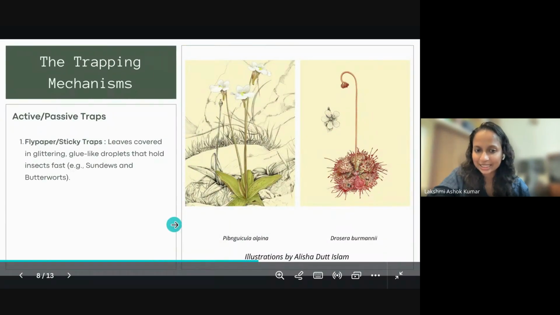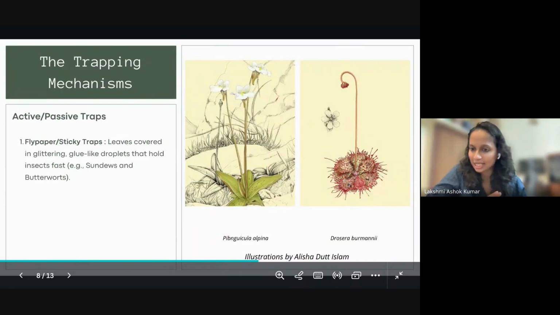So there is another category of trapping mechanism, which is called the flypaper or sticky traps. This kind of trapping mechanism can be active and also passive, not in the same plant, but there are plants which are active sticky traps, and there are passive sticky traps also.